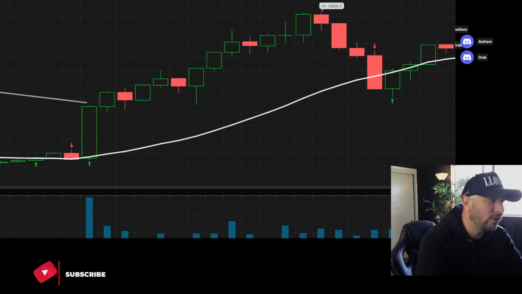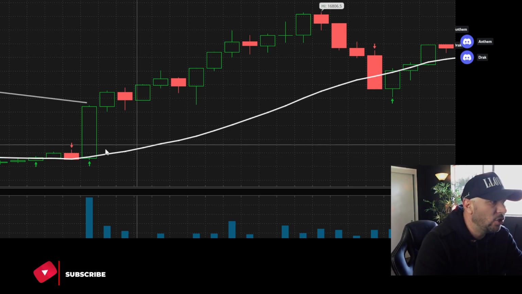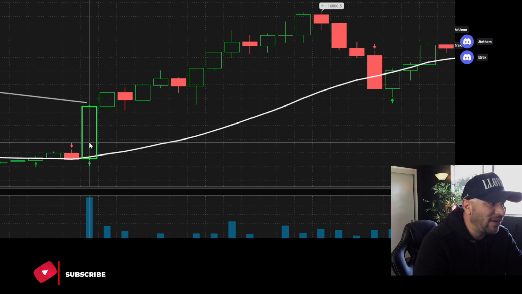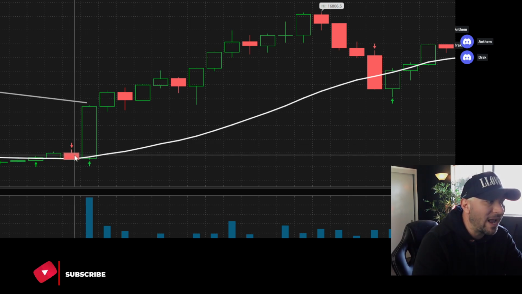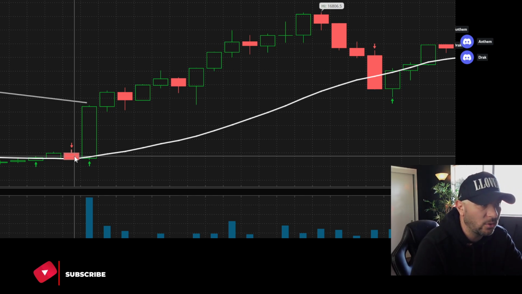So I'll give you a little bit of an example. Notice how at 11 a.m. we had the FOMC meeting going on. Price was trading prior to that under the 20 SMA by just one candle. It doesn't matter if it's trading below it for one candle or 20 candles. What you're looking for is a change in trend.